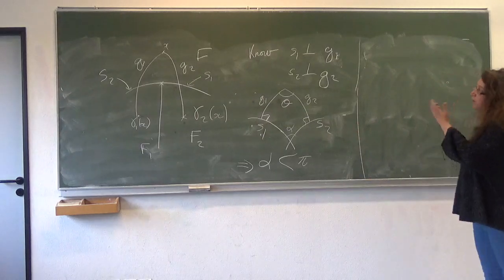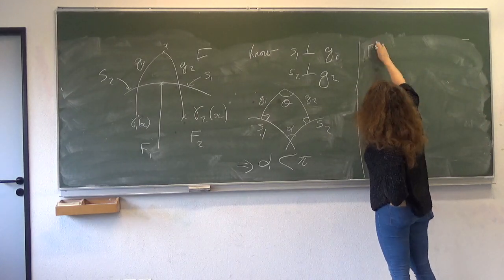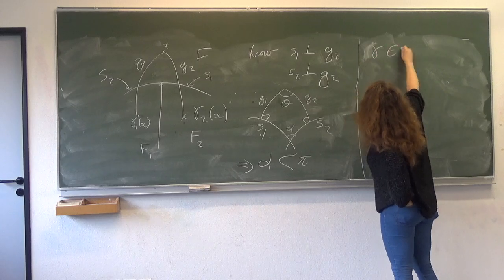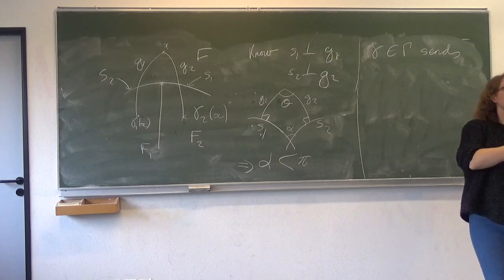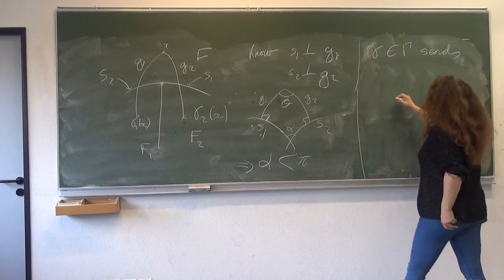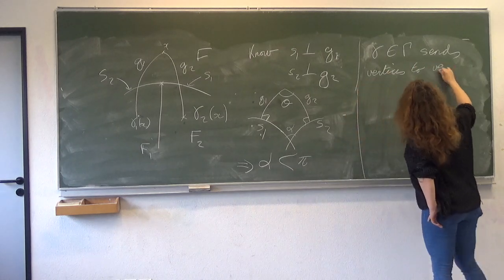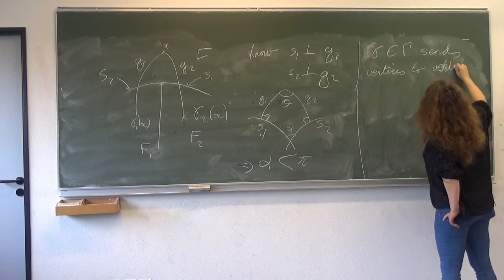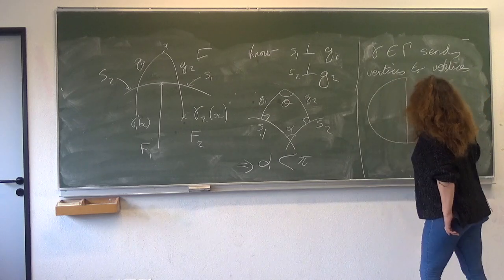Okay, so now in particular, any element gamma in Gamma, since this is just permuting the Dirichlet regions, sends vertices to vertices. So here, let's look at what gamma is doing.